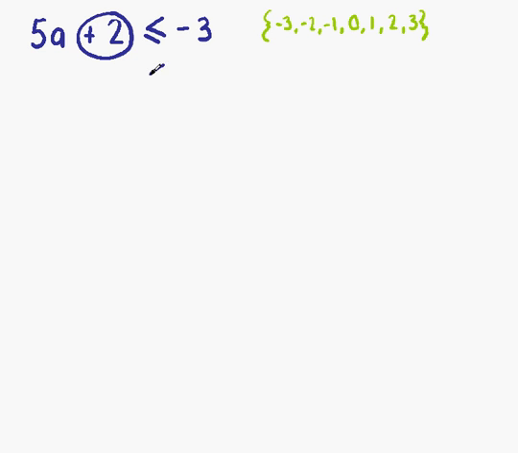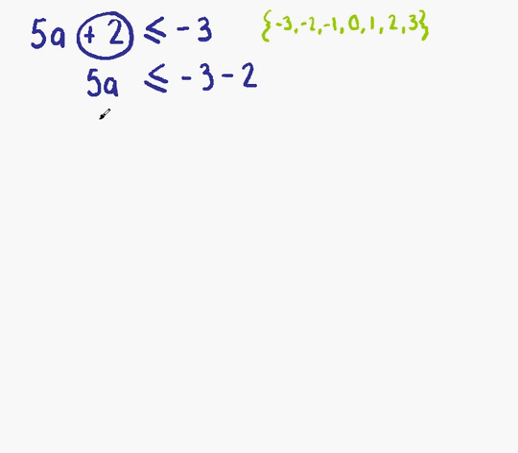So first of all, writing down the things that are staying where they are, we have 5a on the left hand side and minus 3 on the right hand side. Plus 2, change side, change sign, becomes minus 2.